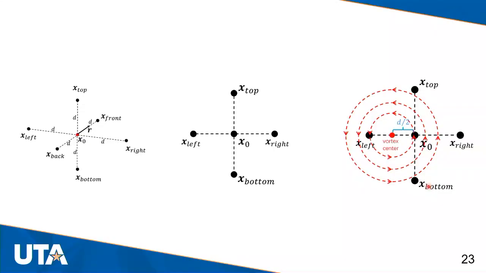But if you give a d, then as long as the distance between x0 and the vertex center is less than d over 2, you can say x0 is at least near the vertex center.